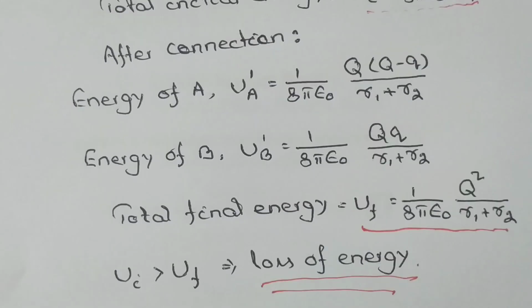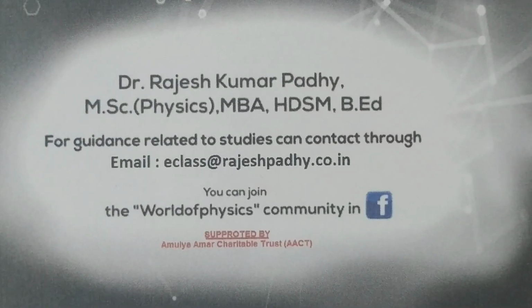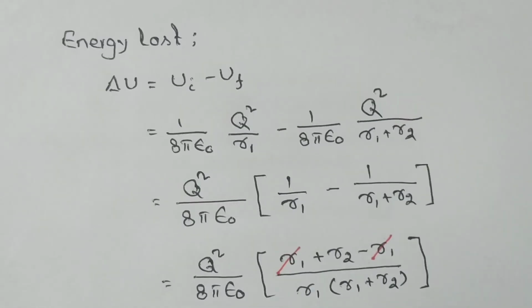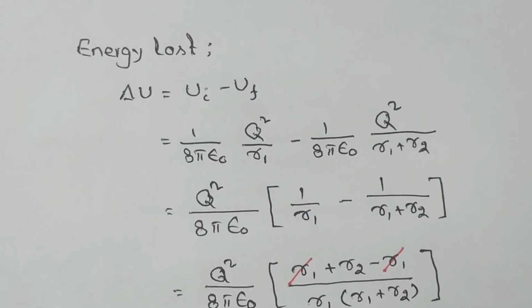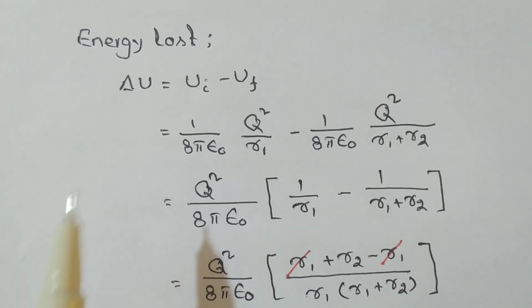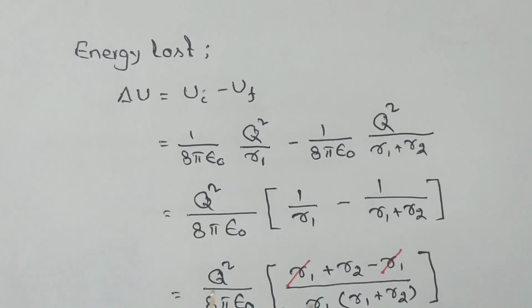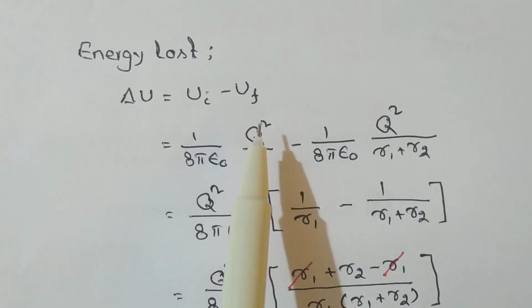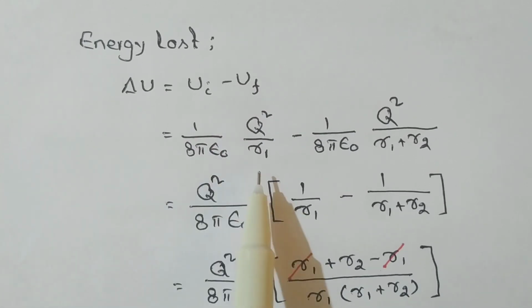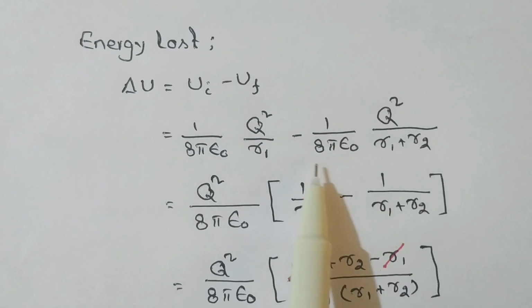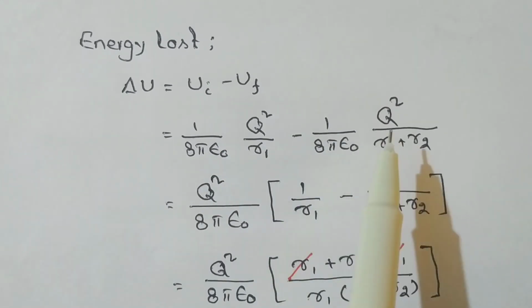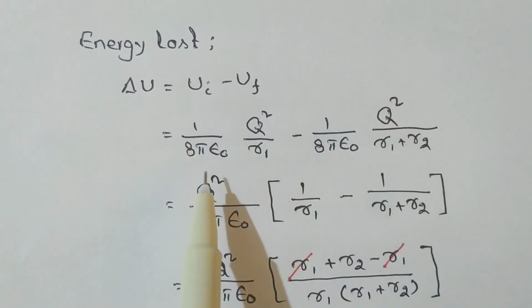If energy loss takes place, then how much energy is lost? That also we have to calculate. The energy loss could be found as final energy minus initial energy, but we have already convinced ourselves that the initial energy is greater than the final energy. That's why I am calculating Ui minus Uf. Putting the value of Ui as 1 by 8 pi epsilon 0 Q square by R1, minus the final energy 1 by 8 pi epsilon 0 Q square by (R1 plus R2), let me take Q square by 8 pi epsilon 0 common.